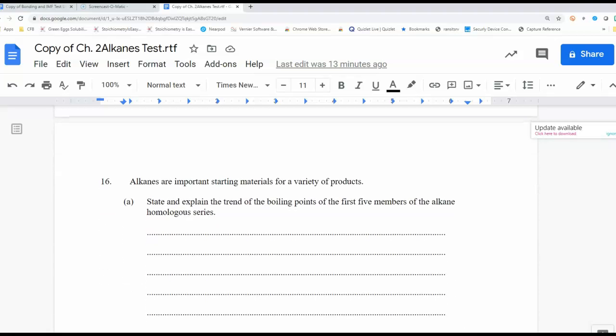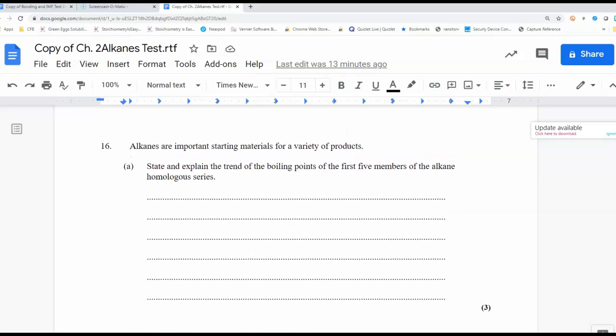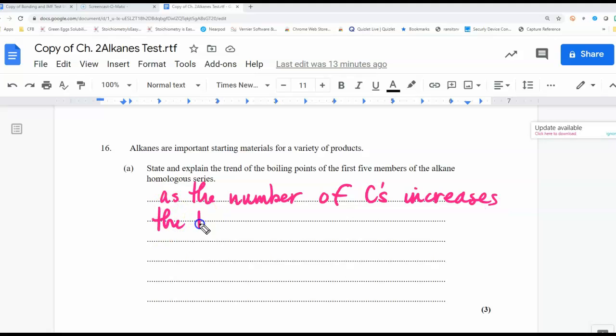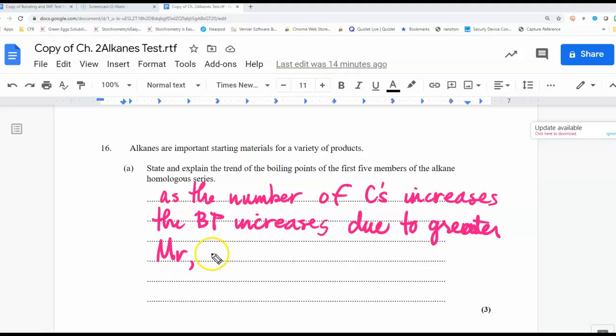And alkanes are important starting materials for a variety of products. Explain the trend of boiling points for the first 5 members of the alkane homologous series. As the number of carbons increases, the boiling point increases due to greater relative molar mass and polarizable electrons.